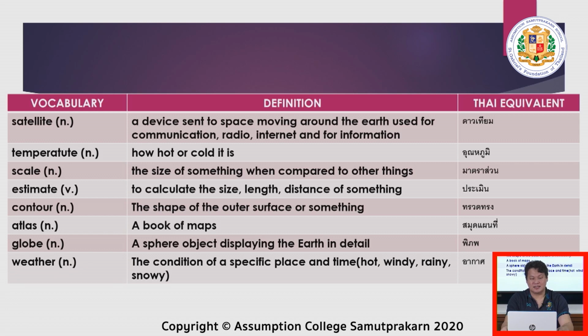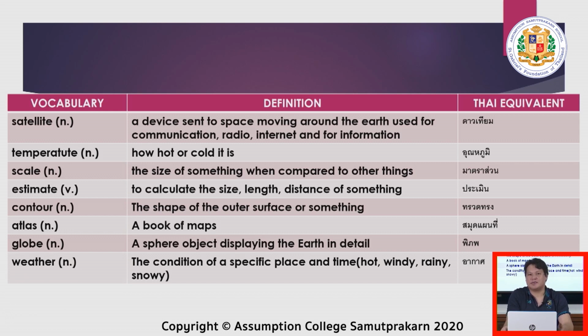Atlas. Atlas is a book of maps, wherein you can see from page 1 up to the last page, maps of countries from A to Z. Contour is the shape of the outer surface of something.